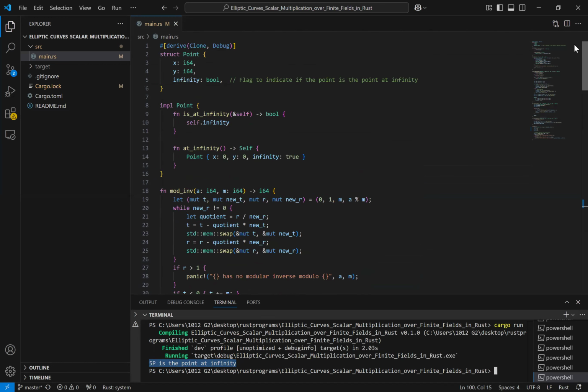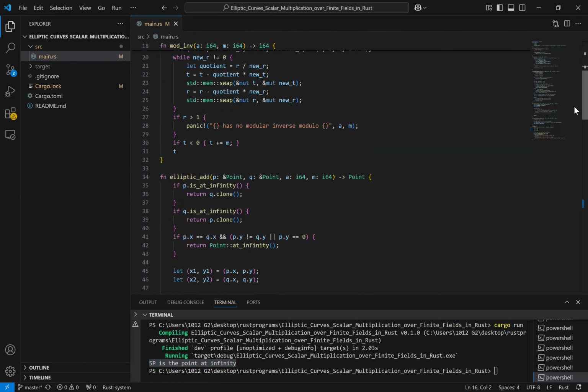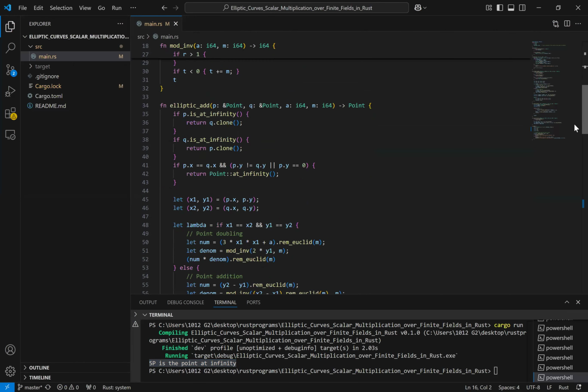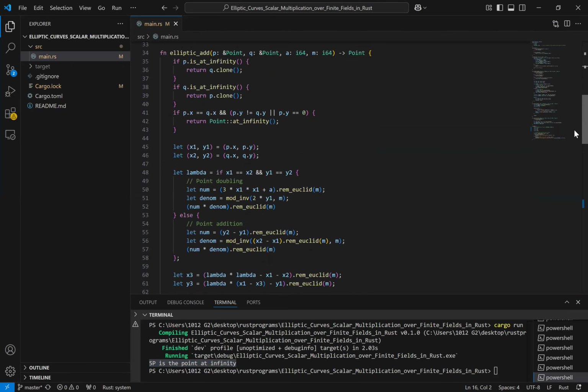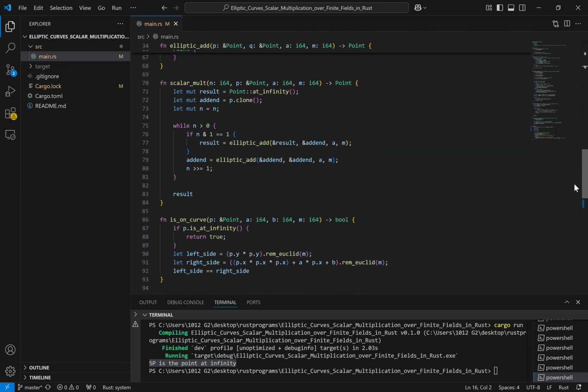Of course, the way these codes are written is the same. We began with this in the previous code, followed by the definition of the point at infinity, then came the mod inverse. They're doing the same thing, the same functions, and we just vary a few things.